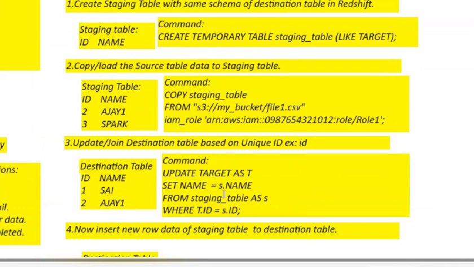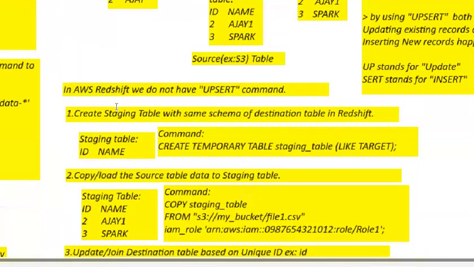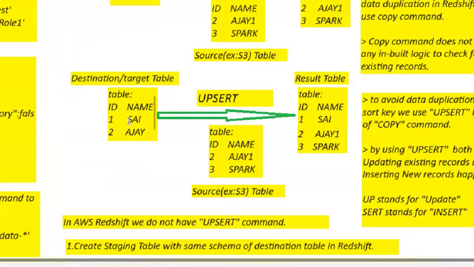S. So S.name will update the name of your target table with whatever the name in the staging table. So here you can see it will be valid only when ID is 2, because when ID is 2, this condition will be valid. That is T.ID. T means what? Target. So target is nothing but our destination table.